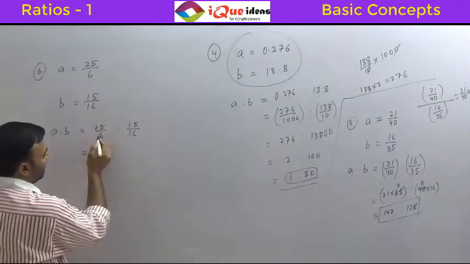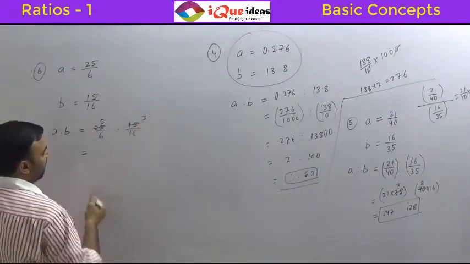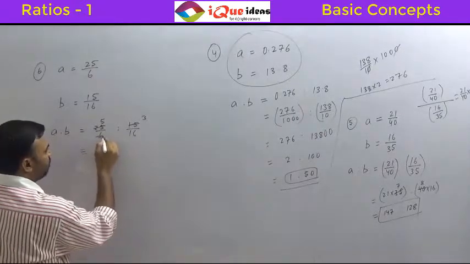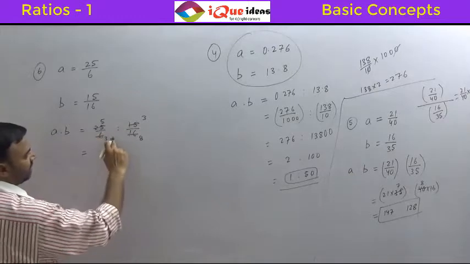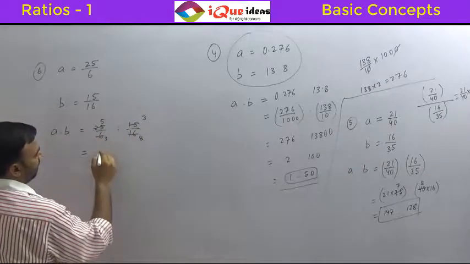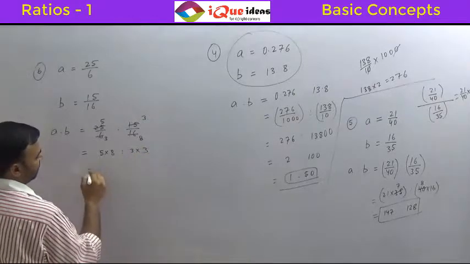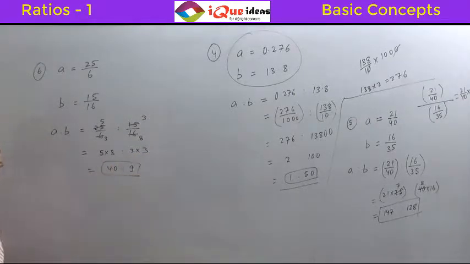If I directly cancel out, 5 times 5, 5 times 3. Now these two are both in denominators, so we can cancel them again: 2 times 3, 2 times 8. Now this 8 goes on this side, 3 goes on this side. So we have 5 into 8 is to 3 into 3. So this becomes 40 is to 9. This is the final answer.